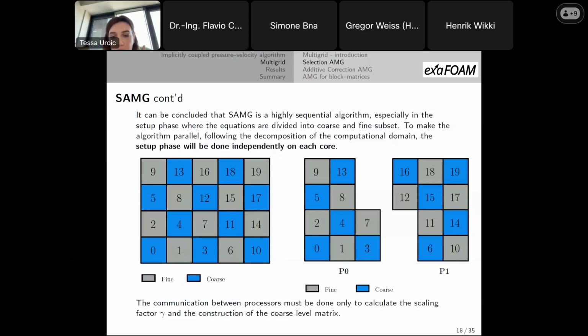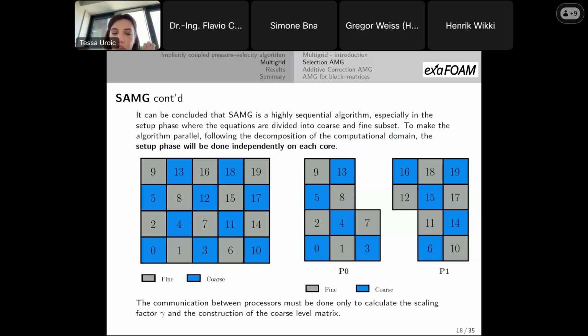example of an issue that we've encountered when thinking about making this algorithm parallel. Since this choosing of strong equations, here denoted in blue, so these are the equations that will be chosen as the strongest in your linear problem, the most influential, and their correction terms, which will be calculated, will be interpolated onto the equations which were eliminated.